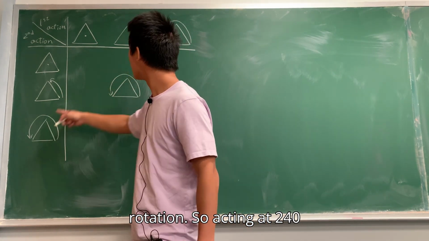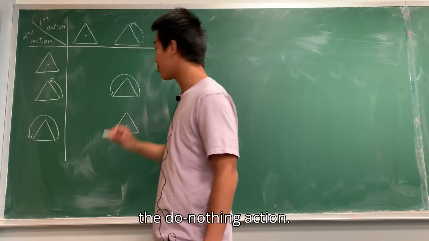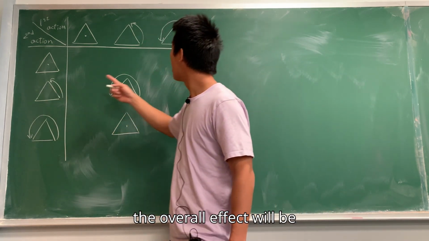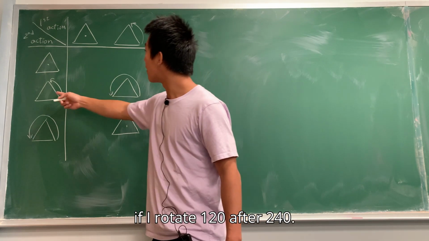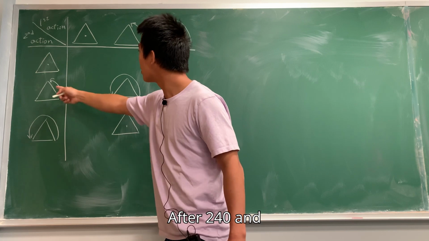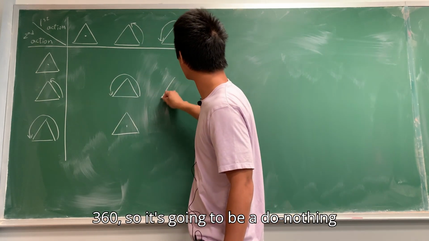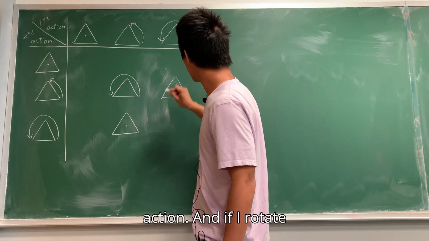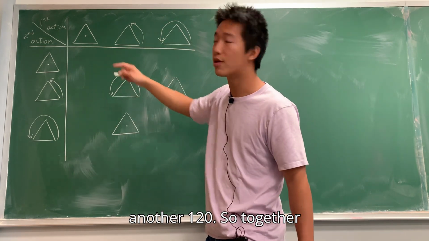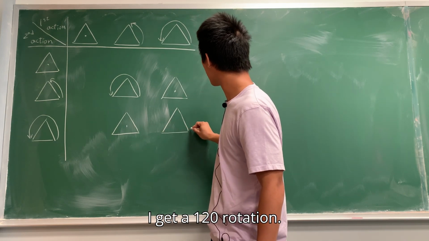Similarly, we can look at the overall effect if I rotate 120 after 240. 120 and 240 is again 360, so it's going to be the do-nothing action. And if I rotate 240 after 240, that's 360 plus another 120. So together, I get a 120 rotation.